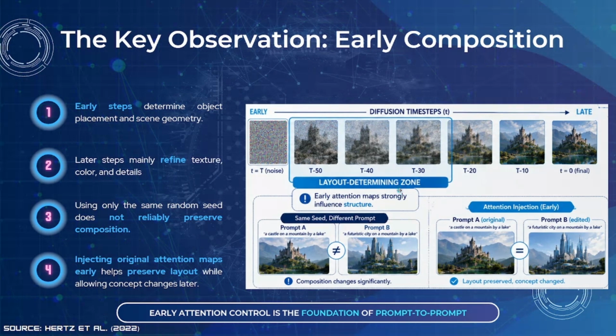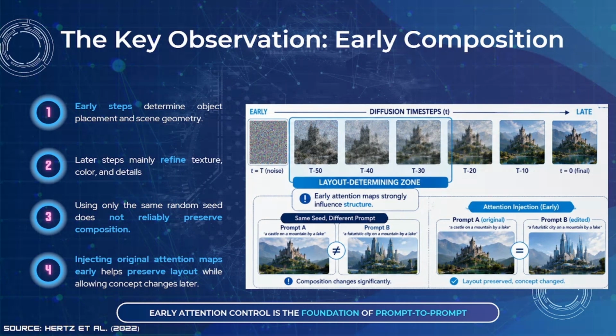During the early diffusion steps, shown on the left and the middle of the timeline, the model decides the approximate object position, scene, geometry and overall layout. The later steps, shown toward the right, mainly refine texture, color, lighting and fine visual details. At the bottom left, we can see that using the same random seed alone does not reliably preserve the original composition.